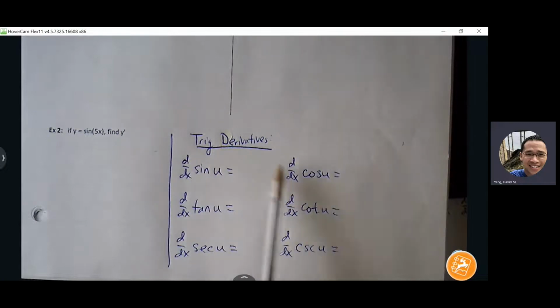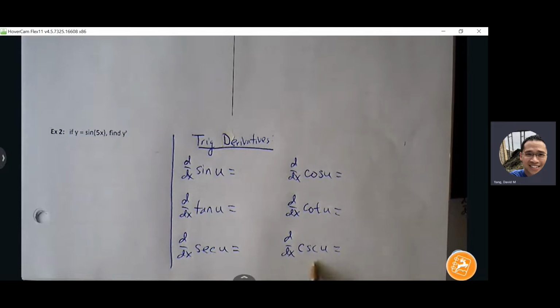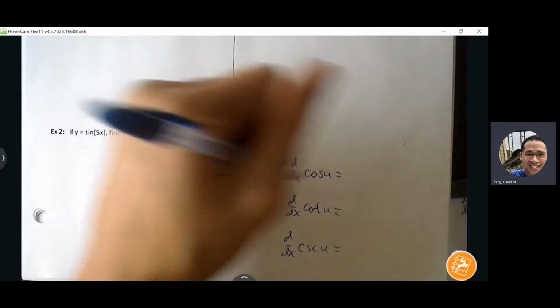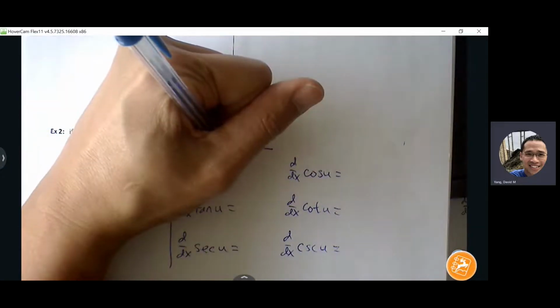Sine and cosine have a certain visual relationship. Tangent and cotangent resemble each other in terms of their format, and secant and cosecant have a nice relationship in terms of their format. So the more connections we make, the easier it is to memorize these rules.